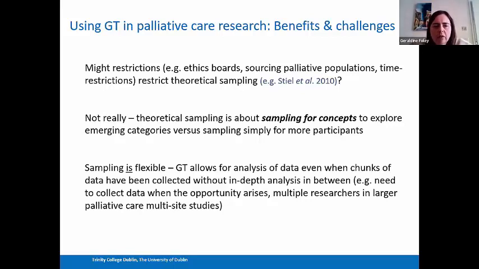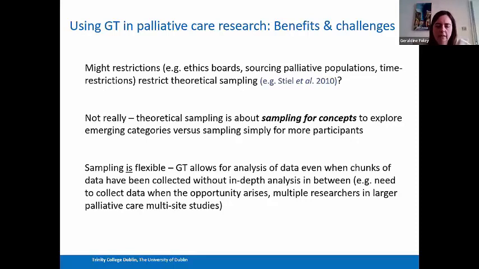But theoretical sampling is not just about sampling for more participants that meet a certain criteria. You can actually theoretically sample for concepts in data without actually recruiting more participants. And it's flexible. Sampling in GT is quite flexible, as I said.